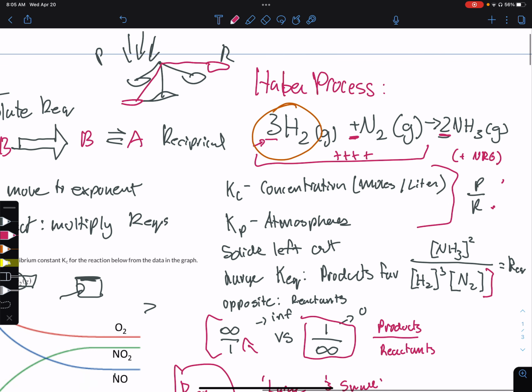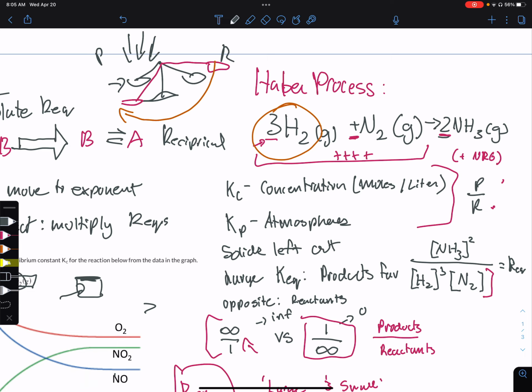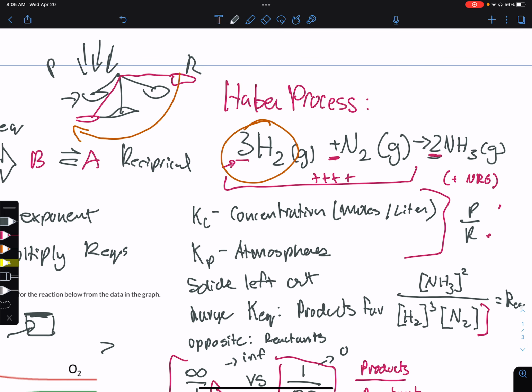And nature wants to balance this out by swinging it back until it's back to the regular state. So if we added a bunch of H2, a lot of NH3 will be made as a consequence by Le Chatelier.